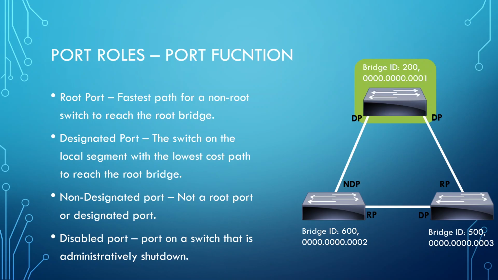The way that this would work is the root bridge is going to send configuration BPDUs every 2 seconds over this interface. The reason why we still have to have BPDUs over this link is just so that 002 knows that there is an alternative path to reach the root bridge.